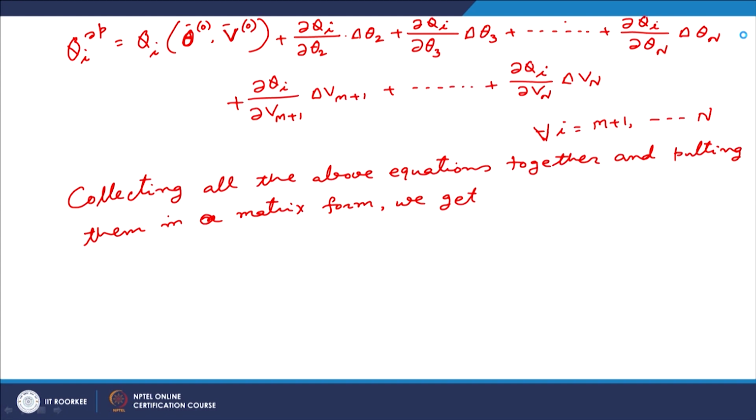Now, for our convenience, we term this Qi calculated. What is meant by Qi calculated? Qi calculated means that I do have the expression of Qi, that is Vi, Vk, Yik sin of theta i minus theta k minus alpha ik.